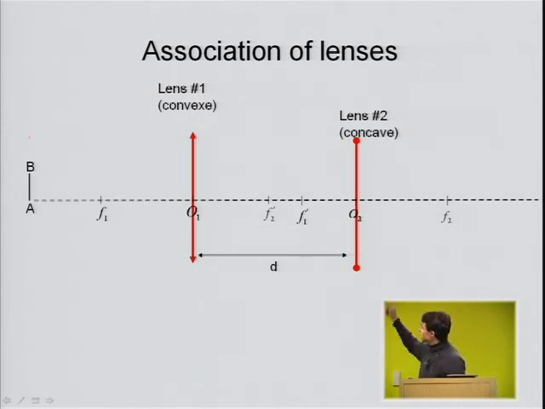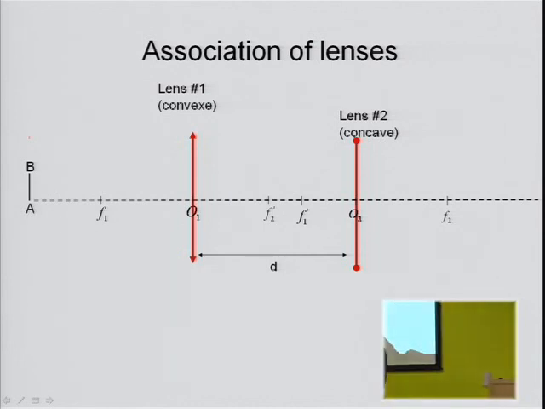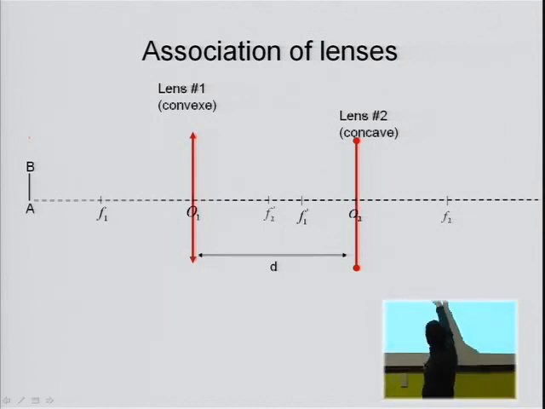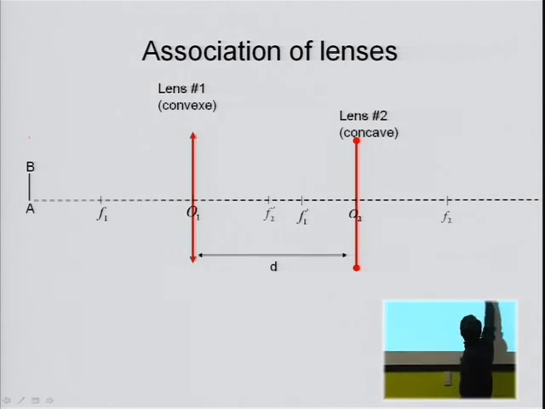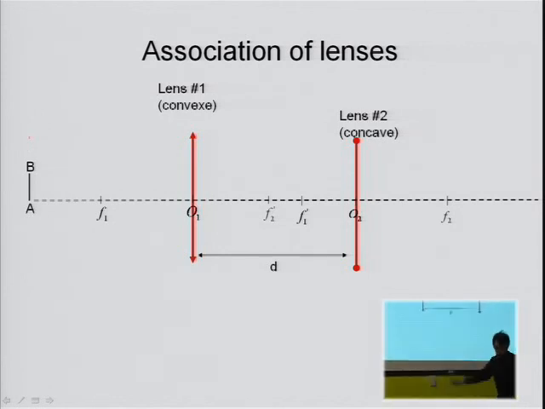So convex lens and concave lens. But now what's happening is that the image focal point of my concave lens is before the image focal point of my first lens.